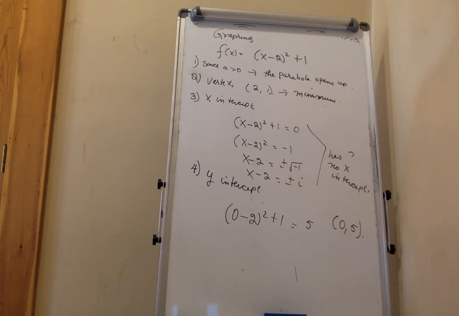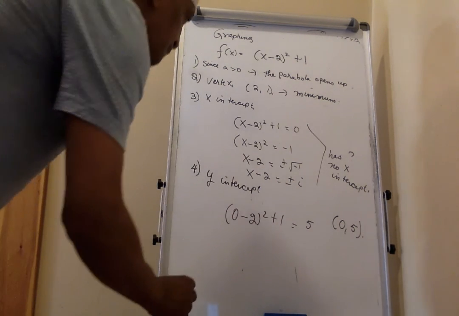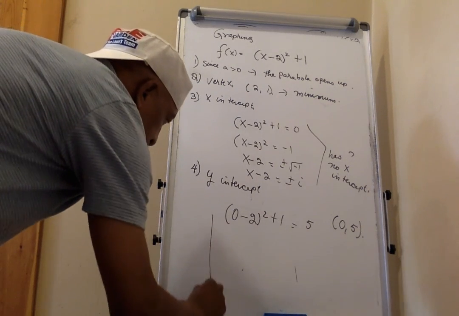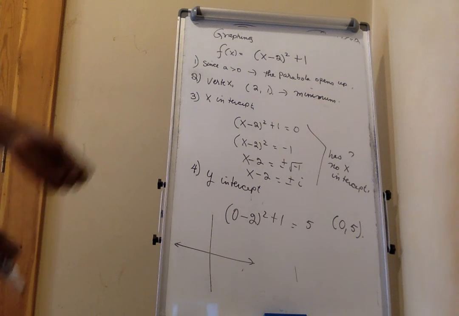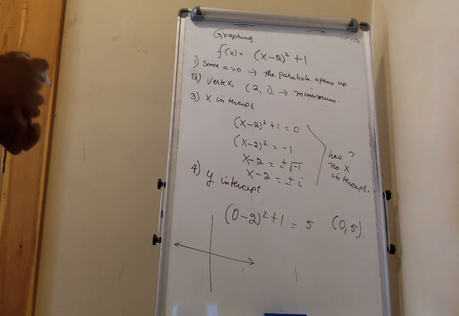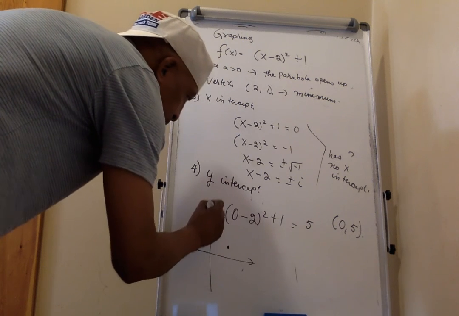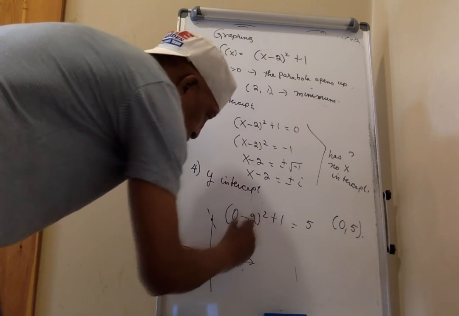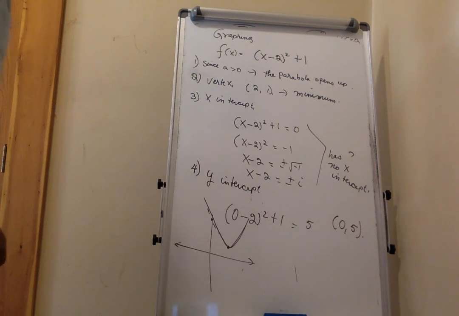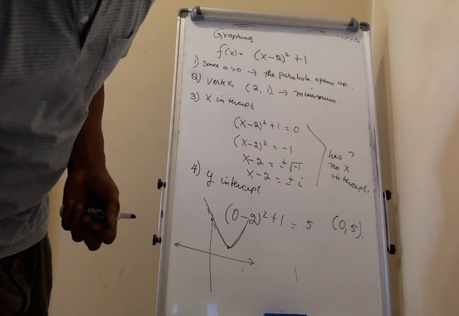It's a graph opening upwards, so you know it doesn't cross the x-axis because the vertex is 2 and 1. 2 and 1 is somewhere here, 0 and 5 is somewhere here, so you have drawn the graph of (x - 2)² + 1. Okay, so that takes care of this session.